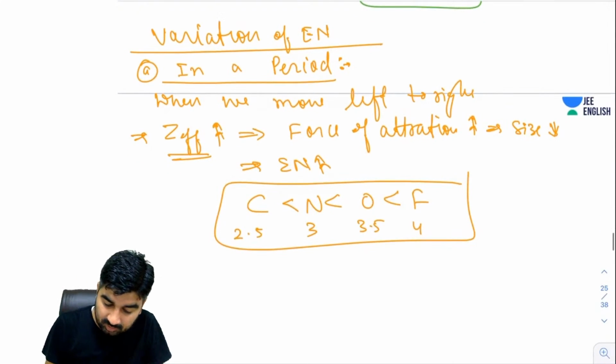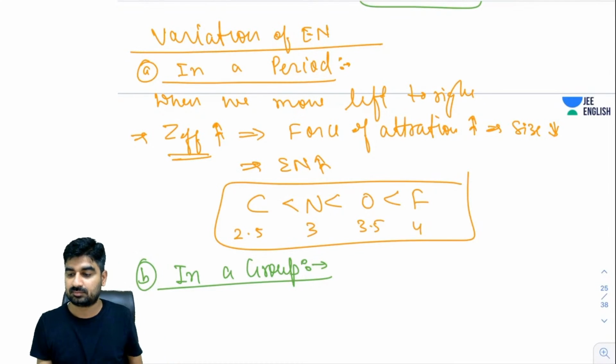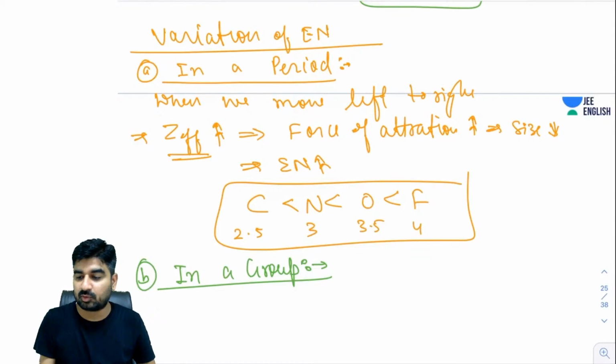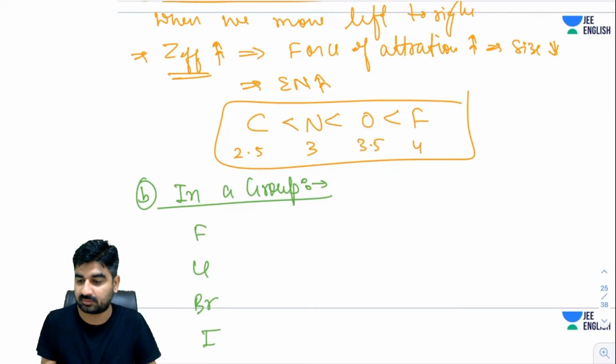Now let's talk about in a group. What will happen when we move top to bottom? Like fluorine, chlorine, bromine, iodine.